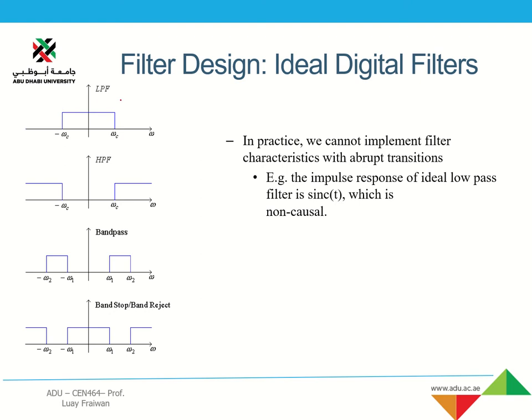If I want to write its transfer function, let's say the magnitude is 1 when the frequency is greater than minus omega c and less than omega c, and otherwise it is 0.